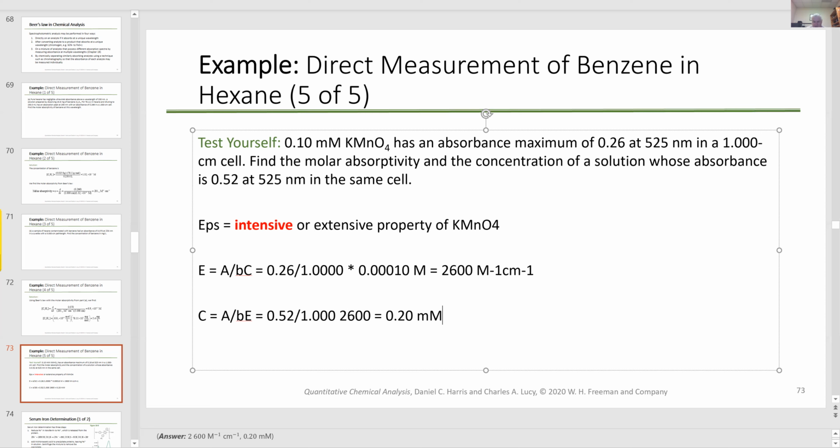I didn't have to do the calculation, right? Because 0.1 gave an absorbance of 0.26, and 0.52 is twice 0.26. Therefore, the new concentration is 0.2.